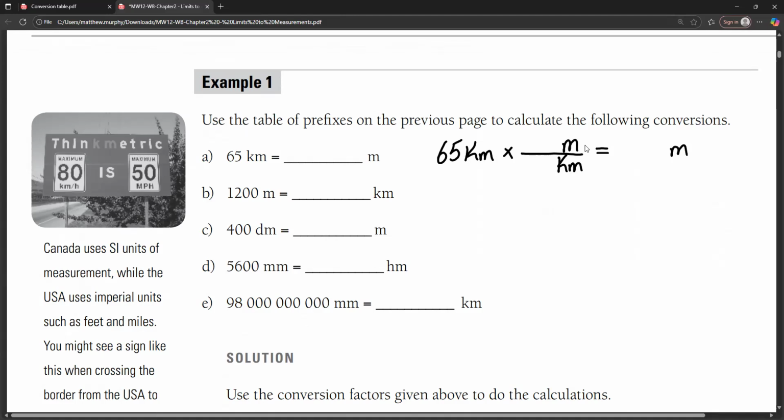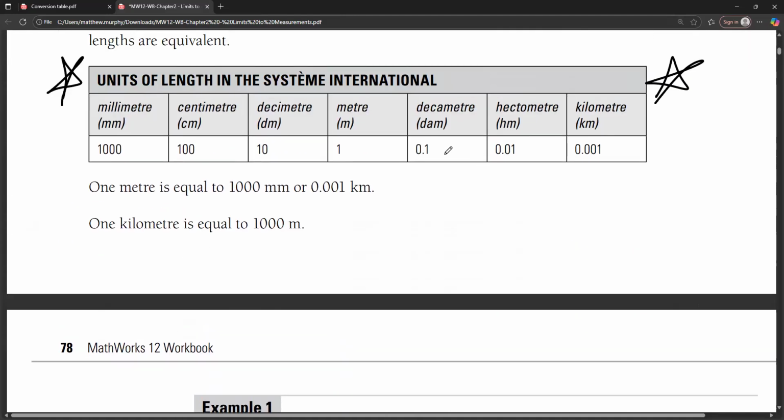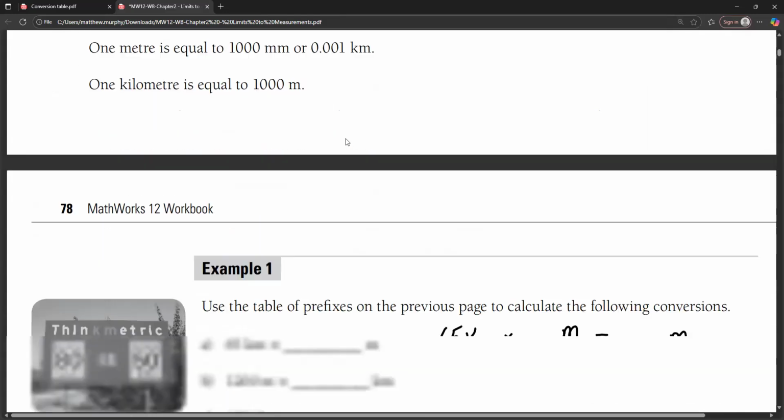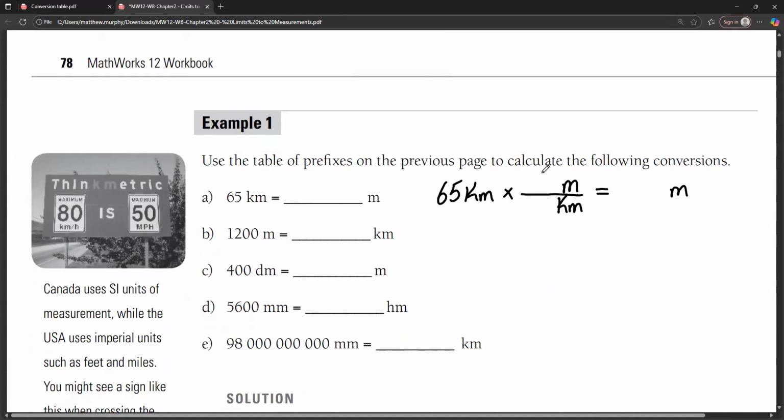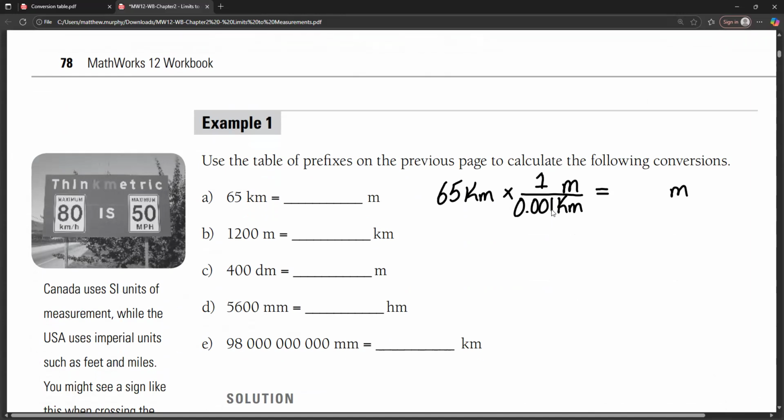Okay? Now, go to your table, and where is kilometers? 0.001 and 1 meter. Okay? So 1 meter and 0.001. Now, I know there is the other way you could do it.